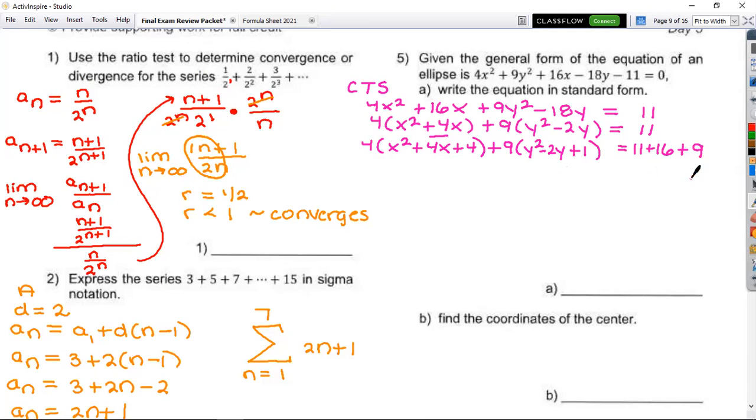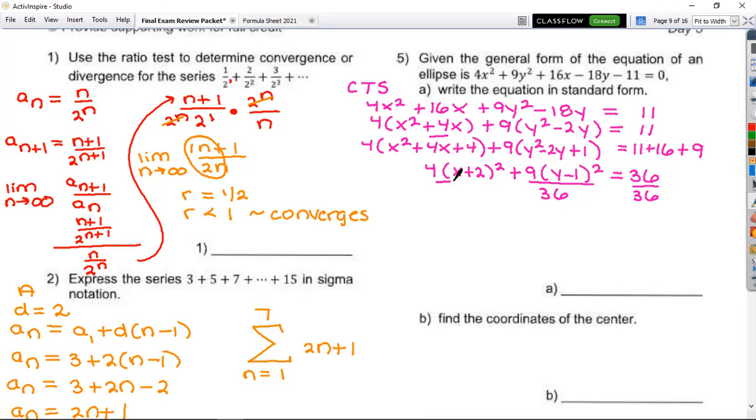All right, so you continue, you factor these. So I have 4 times the quantity x plus 2 squared plus 9 times y minus 1 squared equal to 36. So standard form for the ellipse means that this needs to be equal to 1. So I'm going to take everything and divide by 36, all the way through.